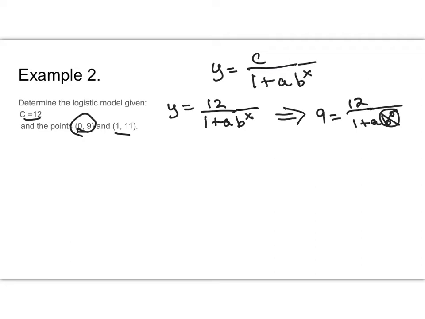That's 1. So then I have 9 equals 12 divided by 1 plus 1a. Now multiply both sides by 1 plus a. And then I'm going to divide both sides by 9.